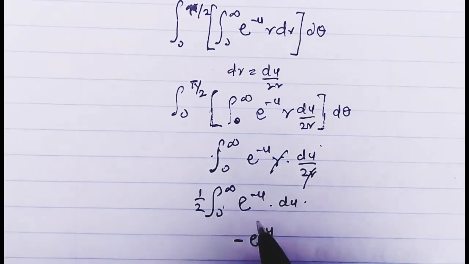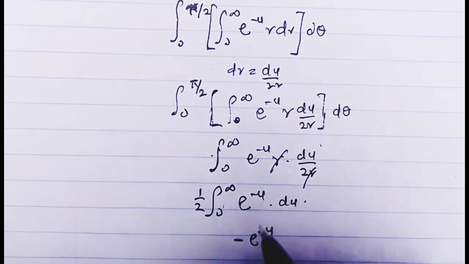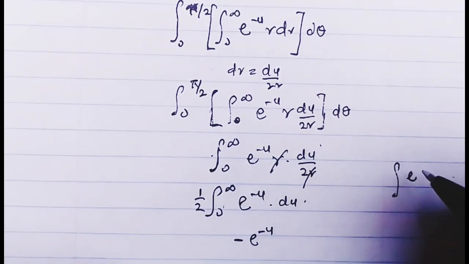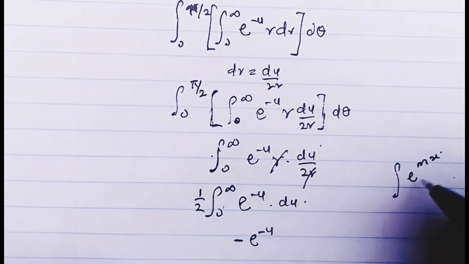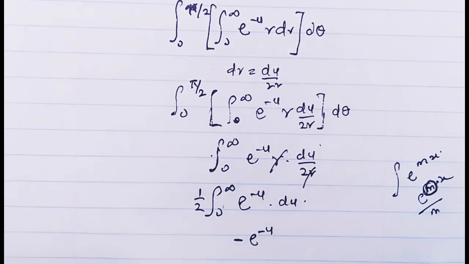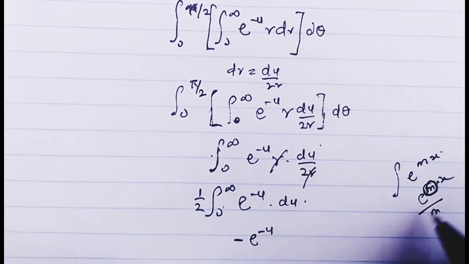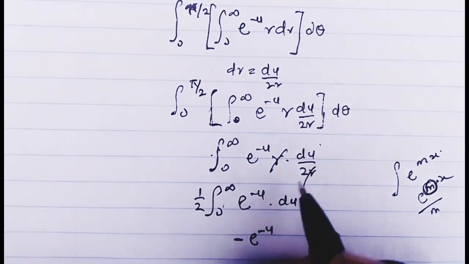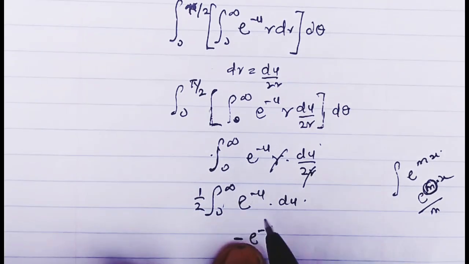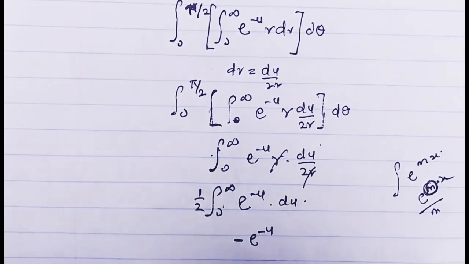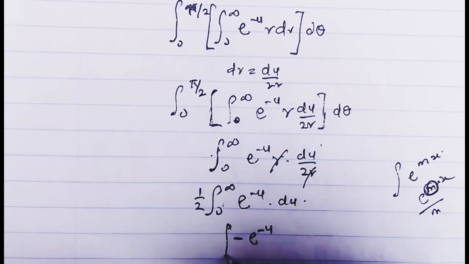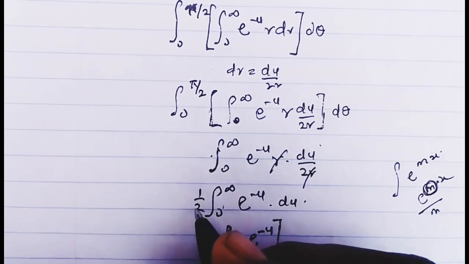Remember, to integrate an exponential of mx, we take exponential of mx over m, dividing by the value before the x. The value before the u here is minus 1, so dividing exponential minus u by minus 1 gives this. Then applying our limit, half times this.